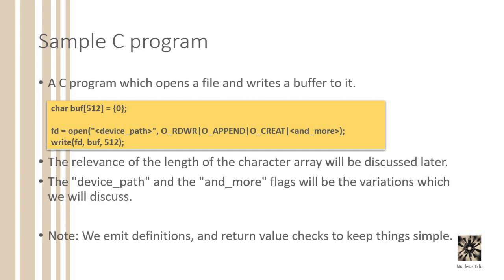I would note one thing here: we have omitted key definitions. This C program is just a skeleton, with no return value checks or anything, just to keep it simple and visible here in this small slide, right?